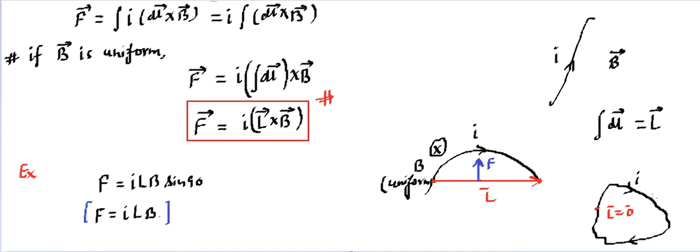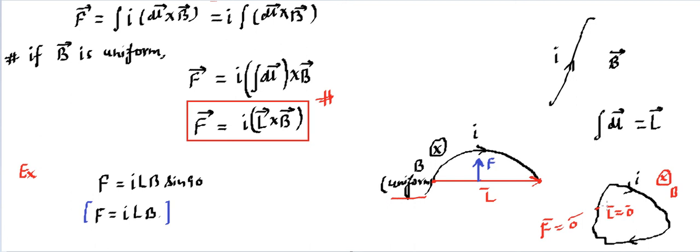So whenever a current carrying wire makes a loop, and there is a presence of magnetic field which is uniform, just like this, in that case you will find the L vector will become 0, hence the force will become 0, because in this force formula you use this L vector. So from here we can conclude one important result: in a uniform magnetic field, the magnetic force on a current carrying loop is always 0.